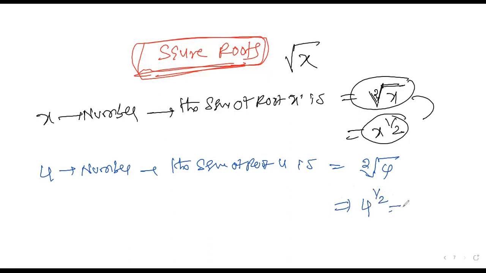This 4 we write as 2 square, and whole power 1 by 2 cancels. What is the answer? 2. Clear? Some people might have a doubt. The square root of 4 is 2.